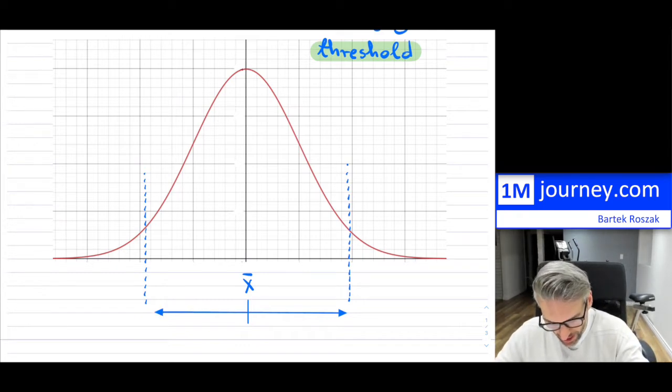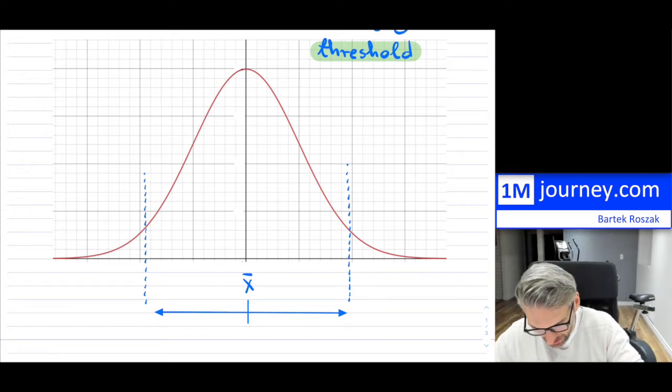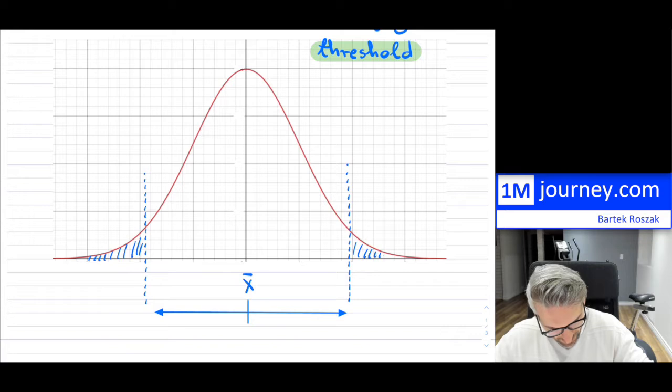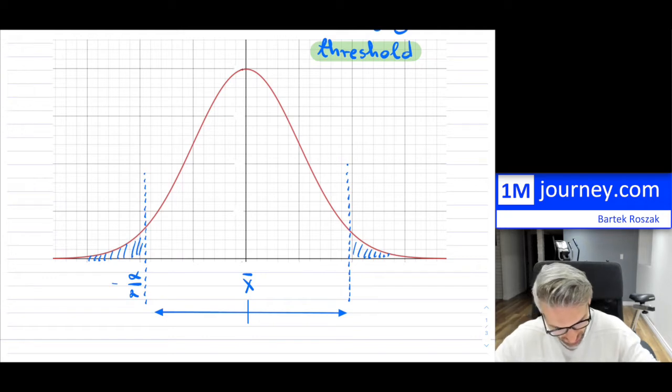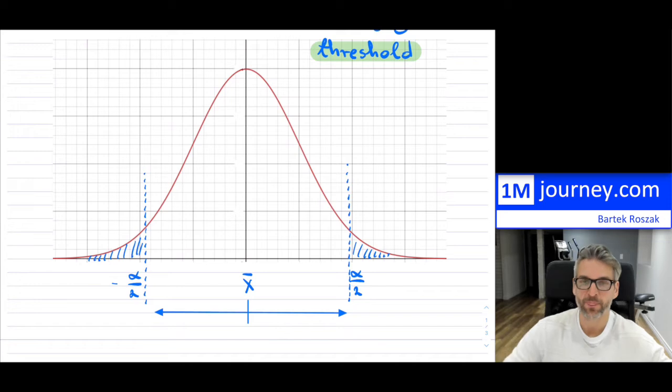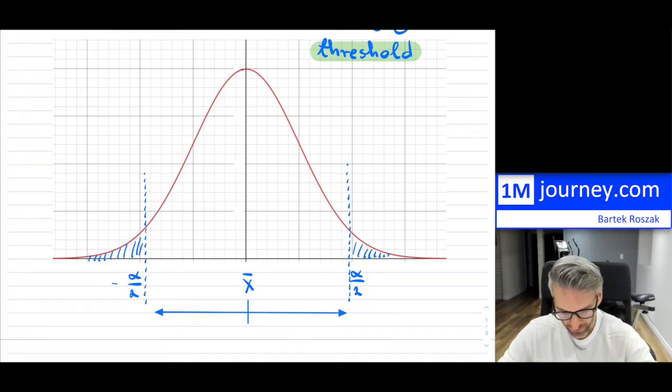And then our error term was basically to the left of this, and to the left of this. So this particular point is our threshold over 2 on the negative side, and this is our threshold over 2 on the positive side, with regards to the z-scores that we would have.